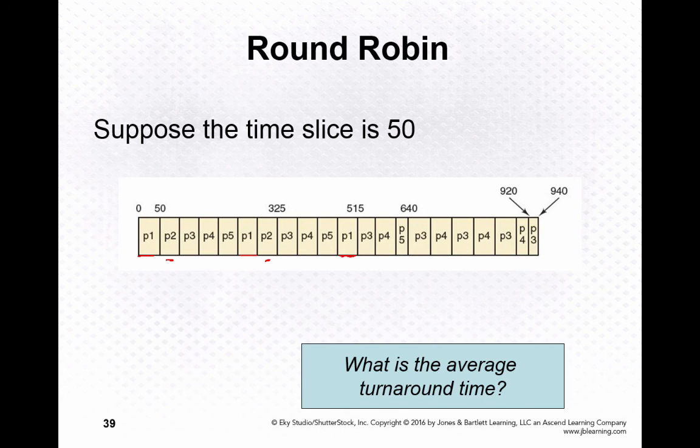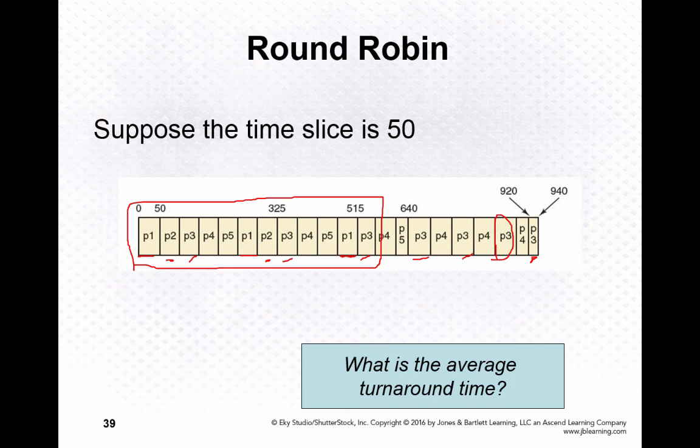So process 3 is 1, 2, 3, 4, 5, 6. So it took the most time, but it got faster. You can see here it gets faster at the end, right? So the idea is when everybody's using it, everybody feels slow. It's not like one person gets to go fast and everybody else is just sitting there waiting. When you've got more people using it, everybody just seems to go slow.